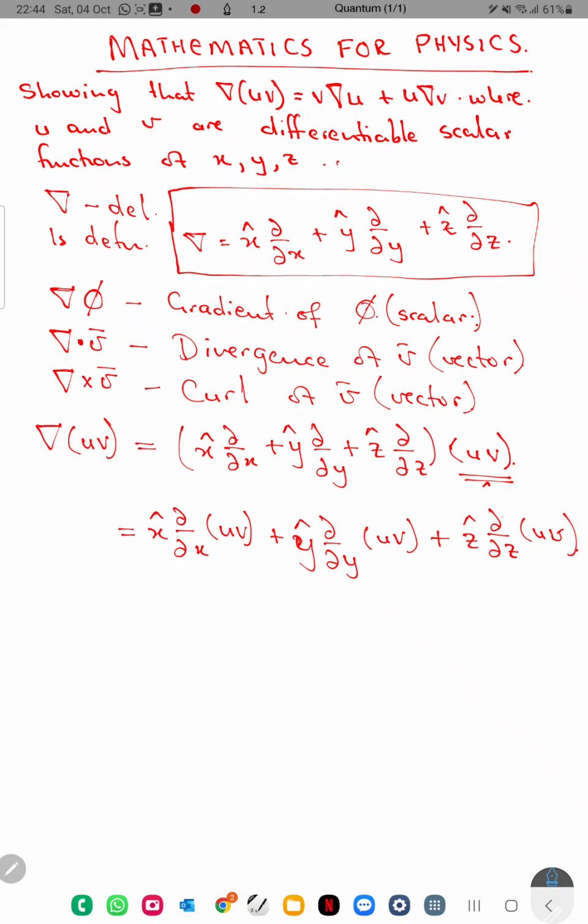Here uv are scalars. Using the product rule, which is another topic you'll look at in other videos, we can take out the unit vector outside.